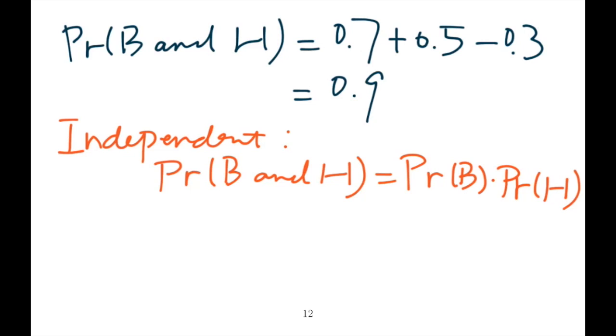So now let us plug in the numbers. In this setting, we find that the probability of both B and H occurring is equal to 0.9. Okay, so that means the left-hand side is equal to 0.9.